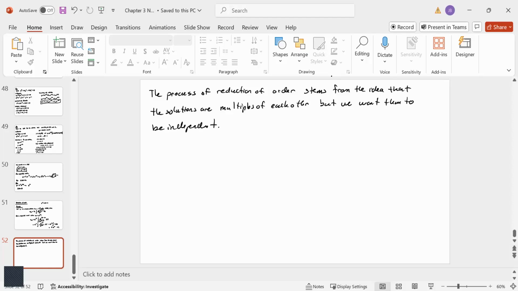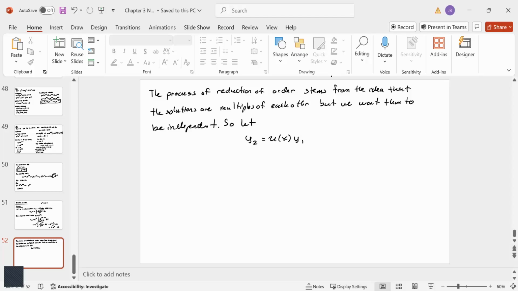So how do we do that? Well, the idea is, I could just say my second solution, y2, is going to be some function, we'll say u of x, times y1. So it's a multiple of y1, but not by just a number, but rather an entire function, which then makes it independent because you can no longer combine them together by combining like terms.